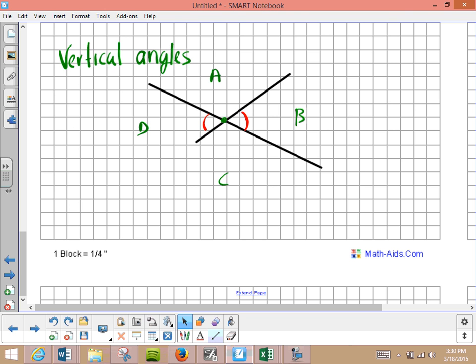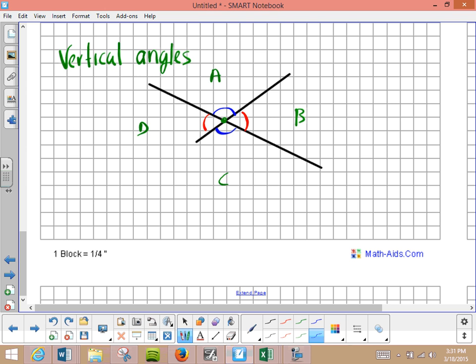No. It doesn't matter if side B is bigger and side D is smaller. The angles for D and B are still congruent. They're exactly the same, and they are opposites of each other. What would be another vertical angle then? A and C, right? This one and that one. They're exactly the same, congruent, and opposites of each other.